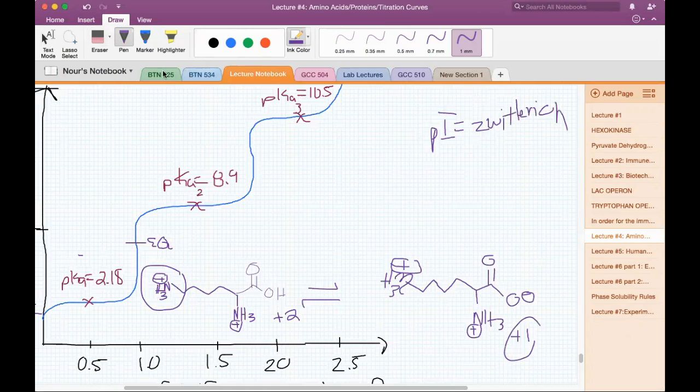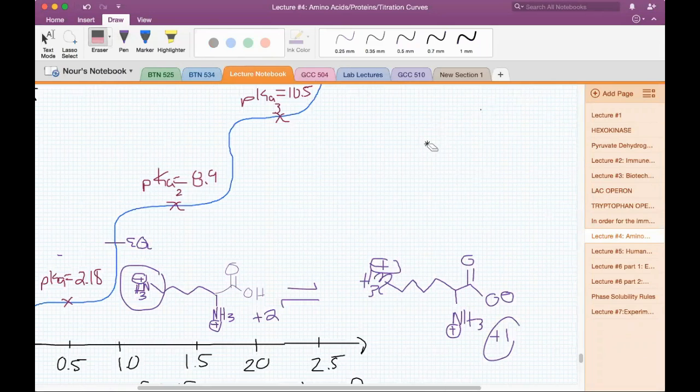So now we want to get to the second pKa. So we'll take away more protons, get higher, until pKa2 is reached, which is around a 9. The next position to get its proton stolen is the amino group, right? So it's going to be like this.